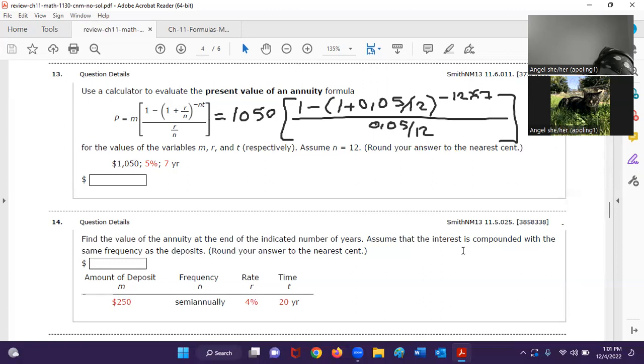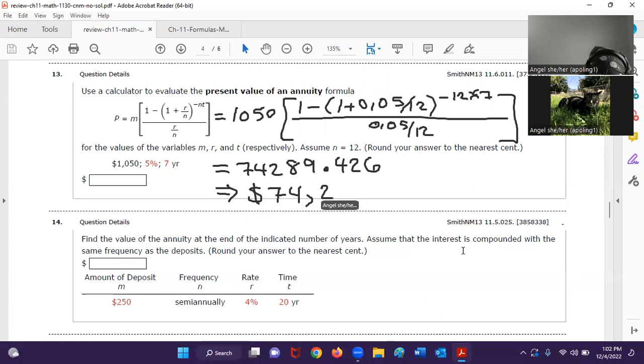And we get 74289.426, which is $74,289.43.